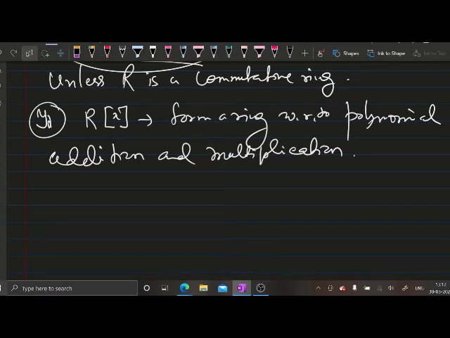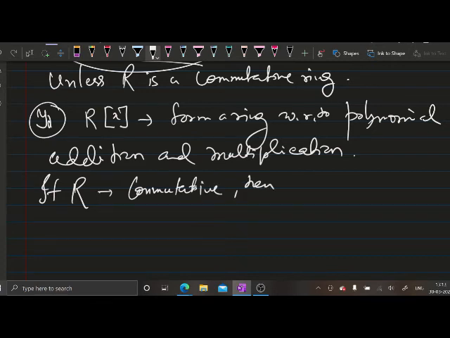And in addition to this, if you consider R to be a commutative ring, then so is R[x].